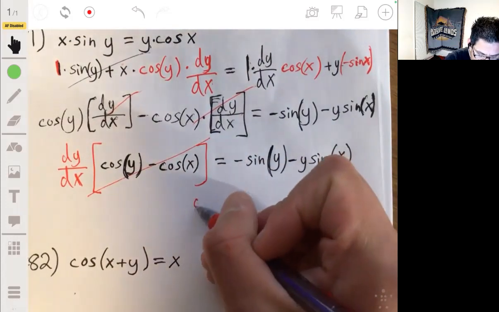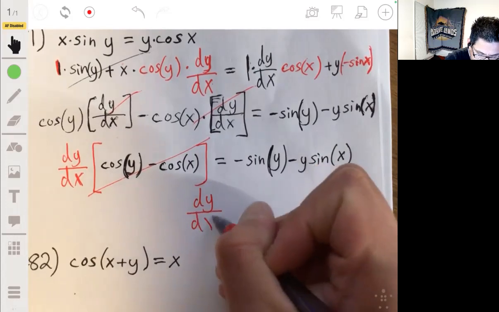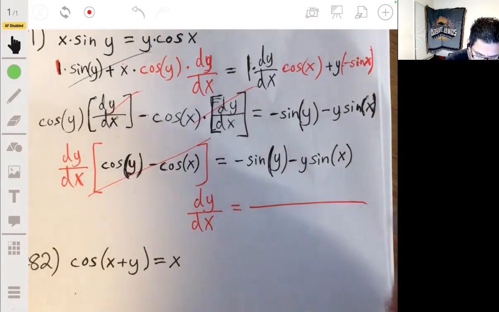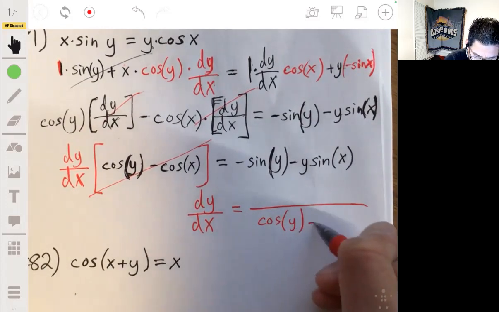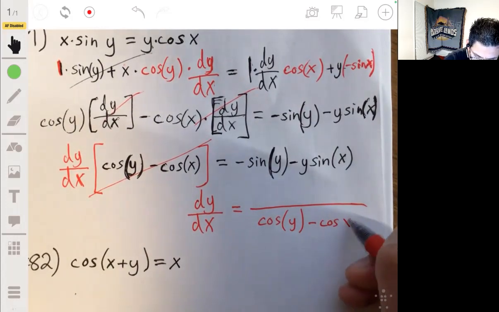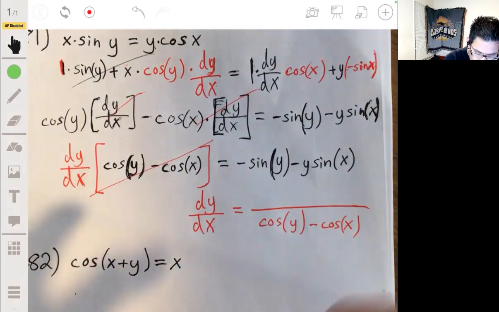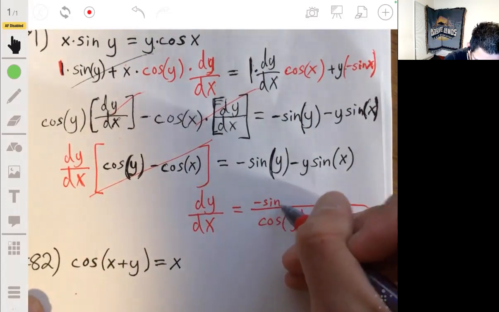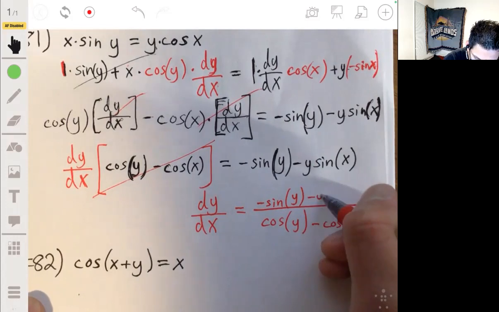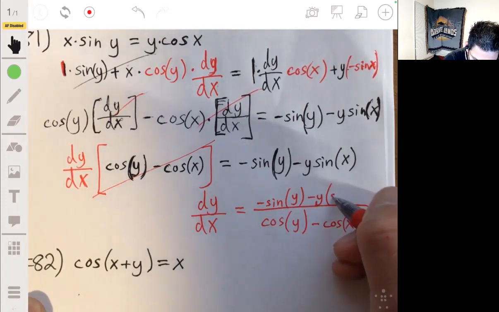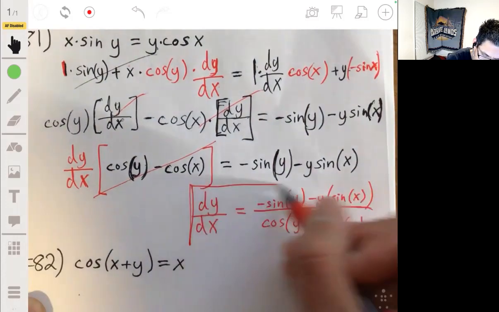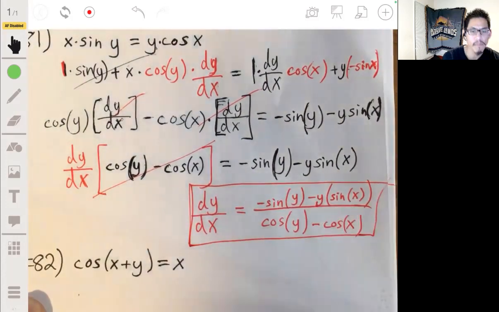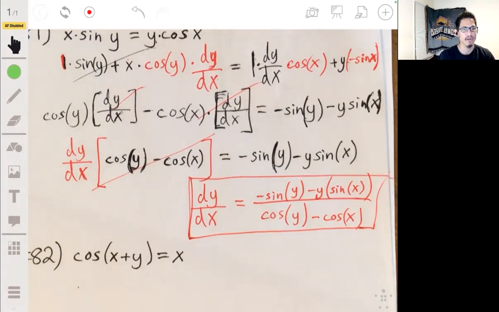Dividing both sides by that, we'll get dy dx is equal to this whole thing all over the cosine of y minus the cosine of x. And that's all there is for that one.